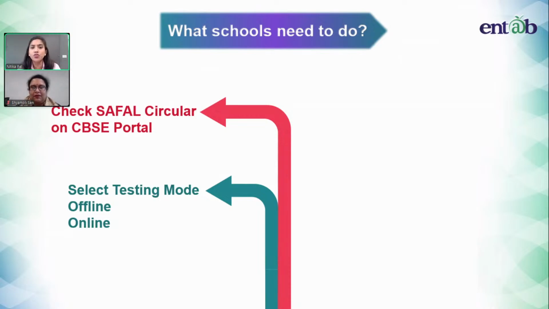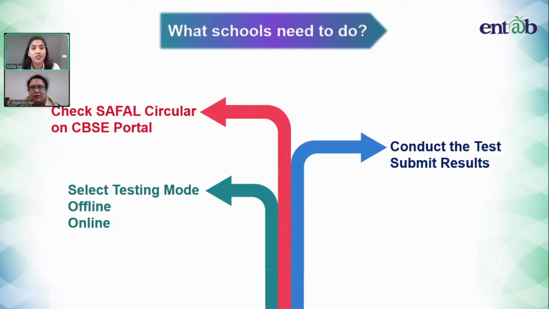If the school chooses online mode, the school gets access to the detailed question paper via the SAFAL portal. Ensure device and internet connectivity. Login credentials are also provided to each student. After the test, responses are submitted automatically.